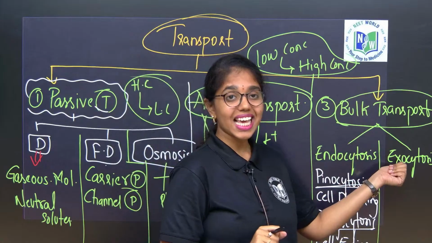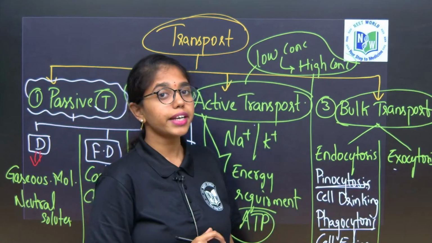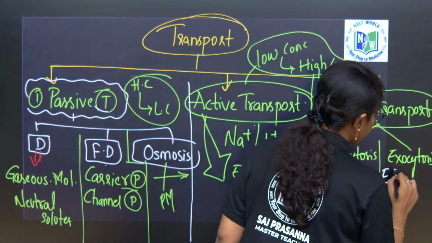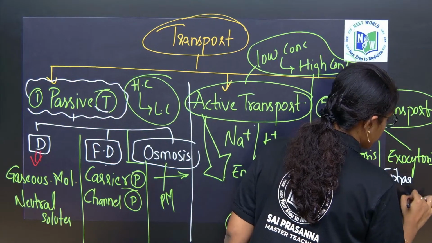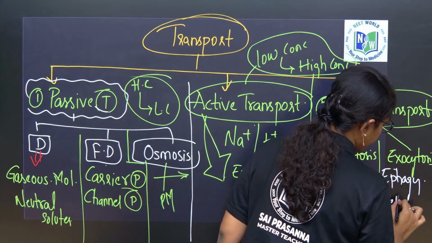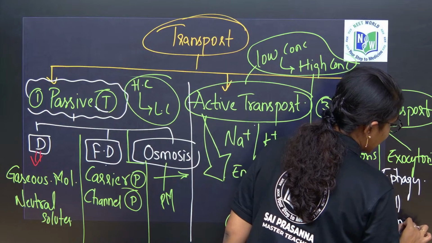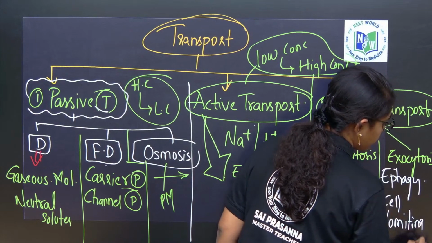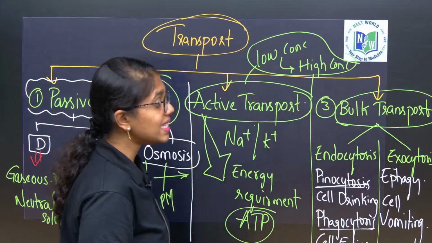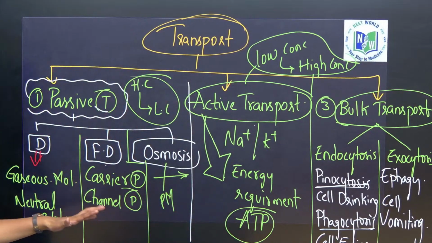That is called exocytosis. Exocytosis is also called effagy, or cell vomiting. Clear? So, this is all about the transport.